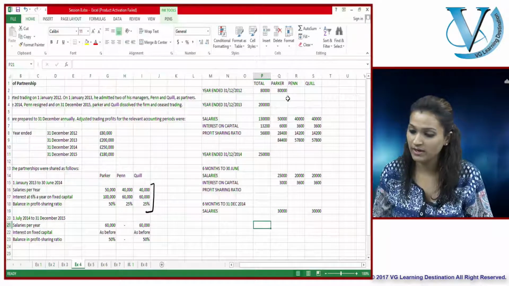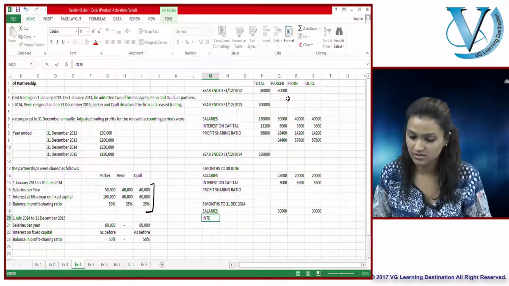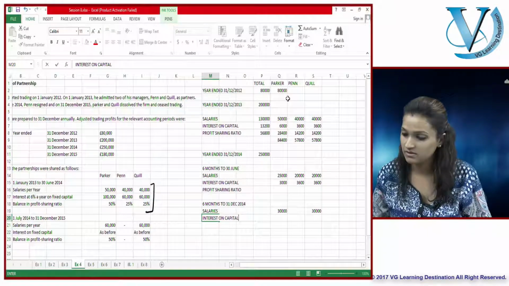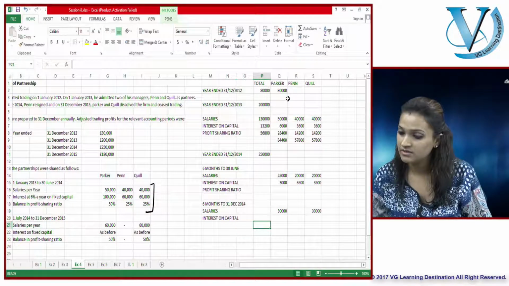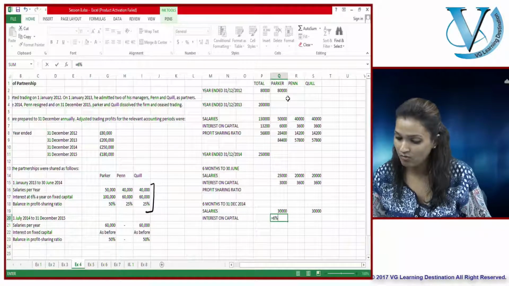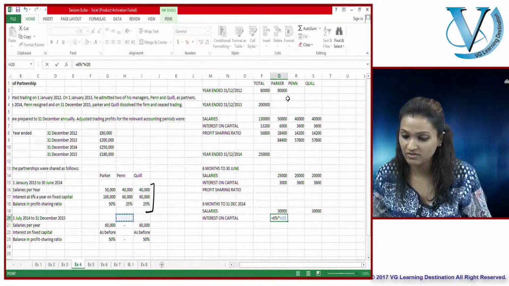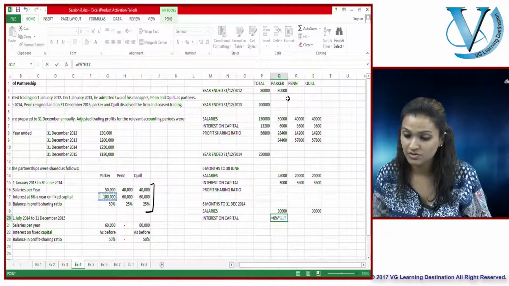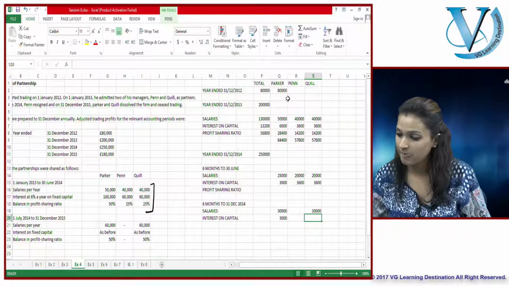Up next, we have interest on capital, which is equal to 6% of the same 100,000 pounds taken for a period of 6 months.